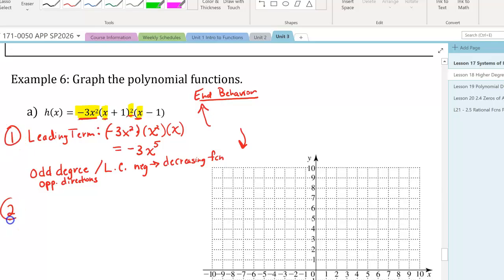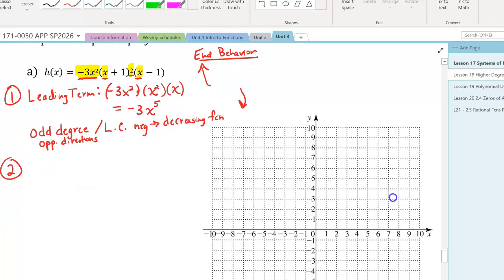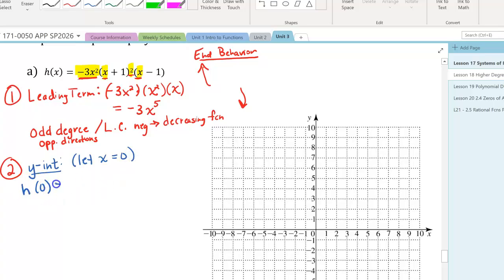Step 2 then is to find the x and y intercepts. I'm going to start with the y-intercept because the x-intercepts are going to lead us into step 3. So remember, we've learned how to do this. To find the y-intercept, you're going to let x equal 0. So that means we're finding h of 0. So I'll have negative 3 times 0 squared times 0 plus 1 squared times 0 minus 1.